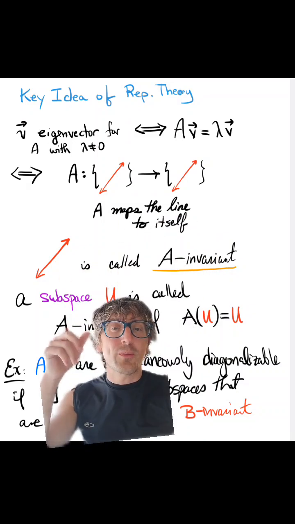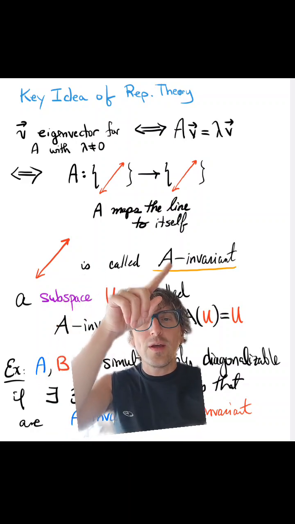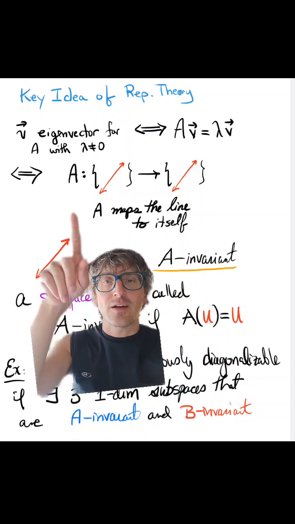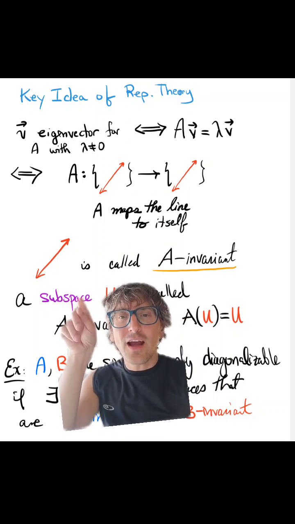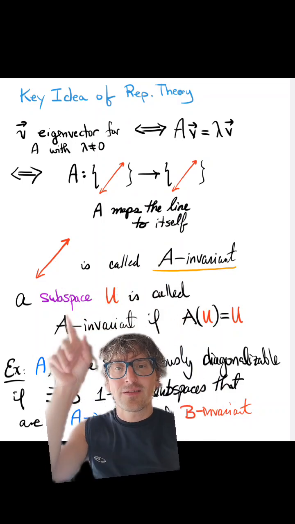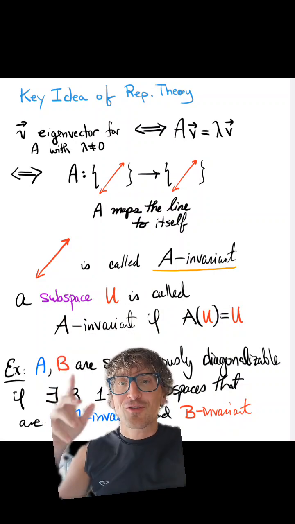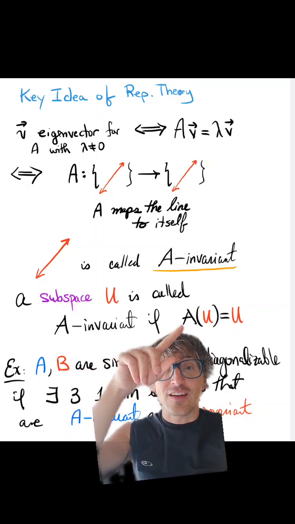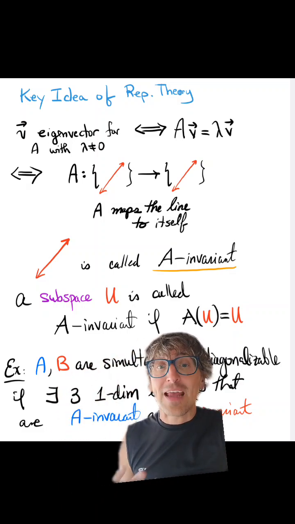So the vector won't be invariant because it might get stretched, but the line will be. And so we call that A-invariant because it's invariant under our thing A. And a line is just a one-dimensional subspace. So maybe there's some bigger subspace, maybe 2 or 3 or 4-dimensional, that is invariant in this same way. That's what we're going to call it for something to be A-invariant.